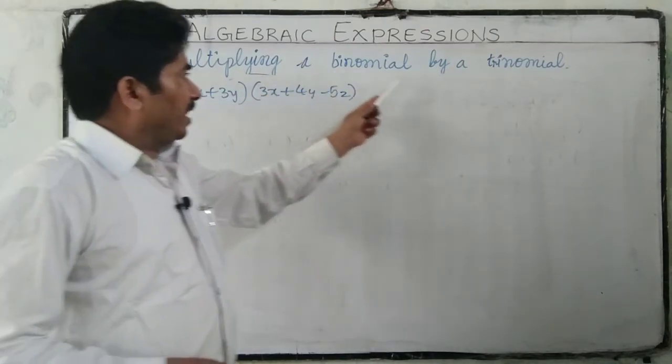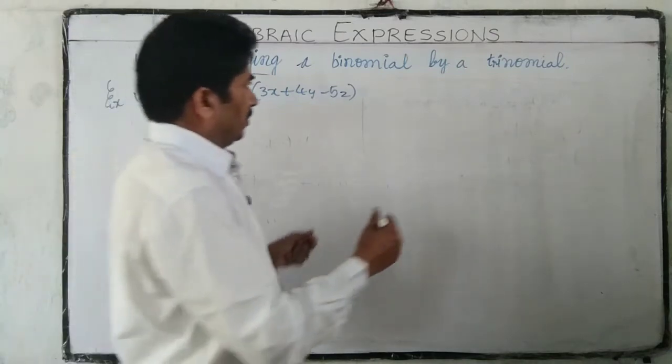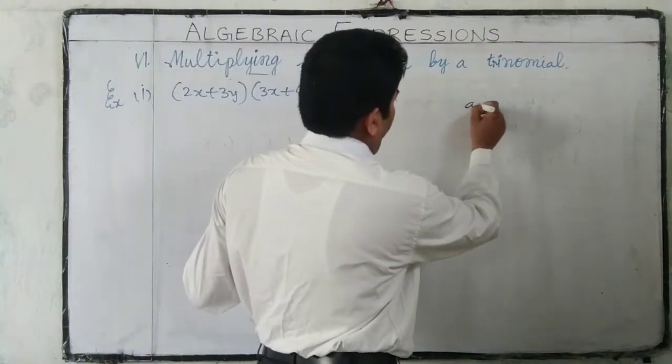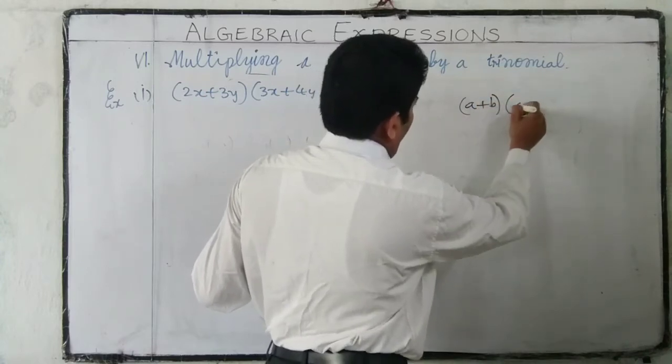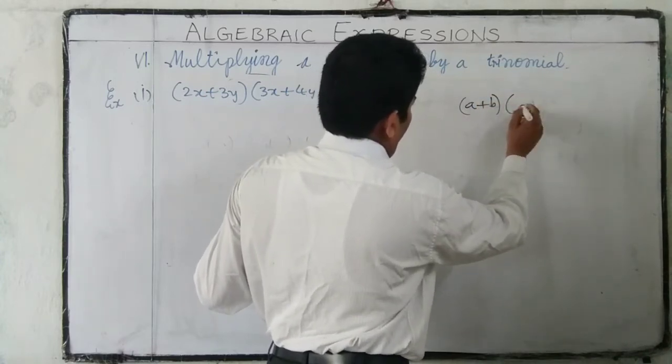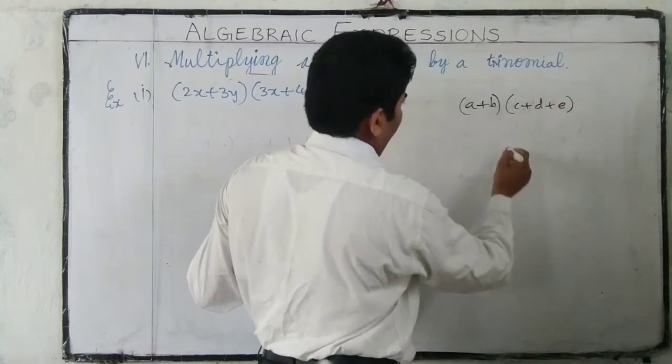Multiplying a binomial by a trinomial. a plus b into, this is a binomial, c plus d plus e, this is a trinomial.